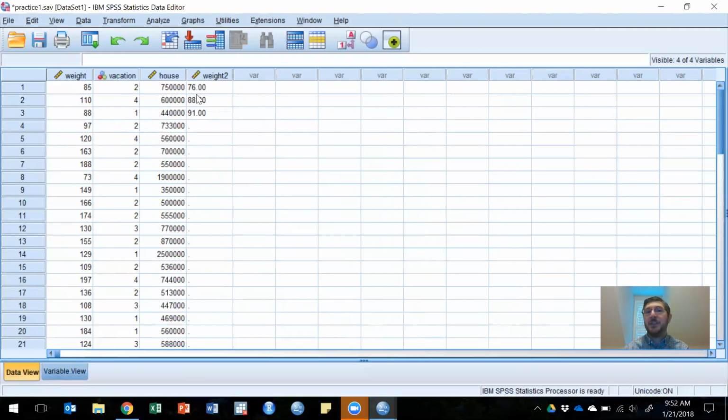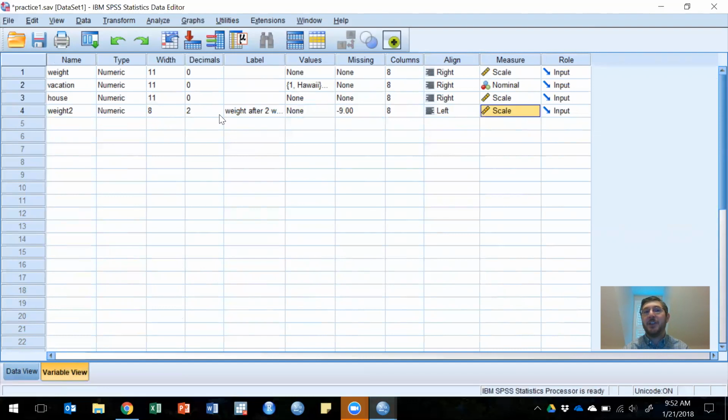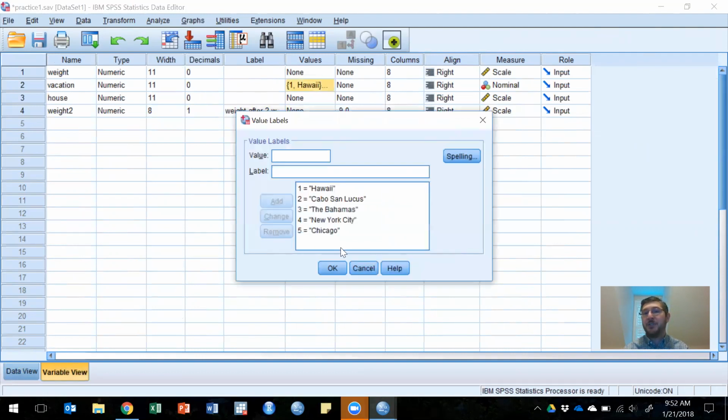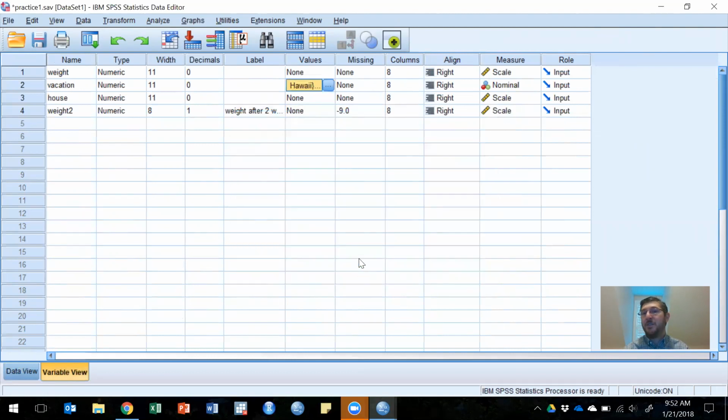Most of this stuff in here, the decimal points and the alignment, is really just the look of it. What's really important is that you'll probably want to label all of your variables so you know what they mean. If you have a nominal variable, you want to put in values so you know what those categories stand for.